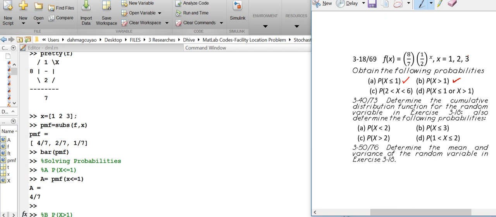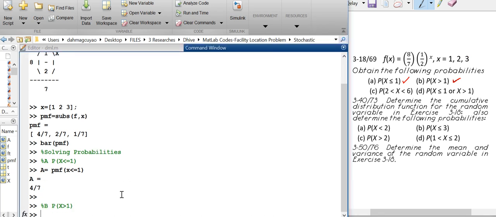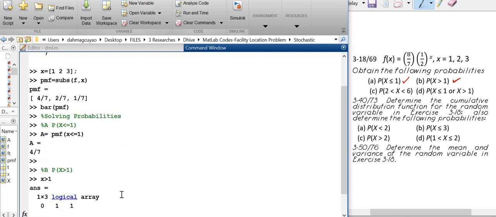This time the condition is x greater than 1. We can first check the values of x greater than 1. What are those values?